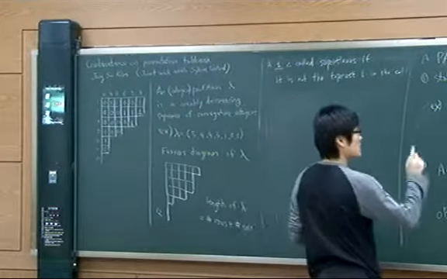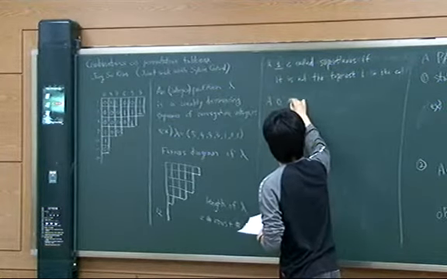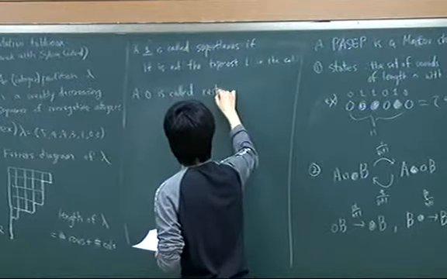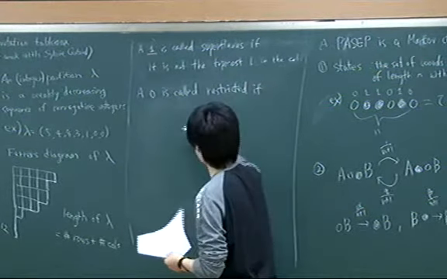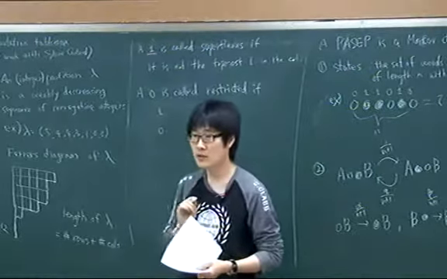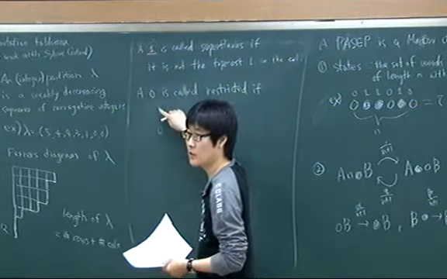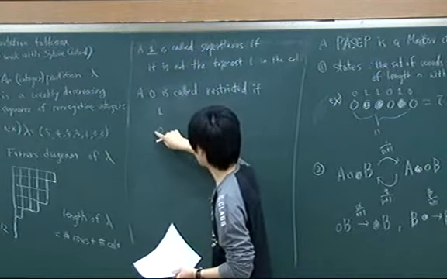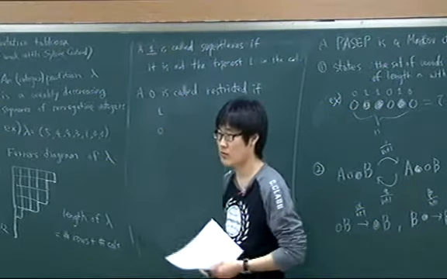And a 0 is called restricted if it has a 1 above it. So if it's restricted, it has a 1 above it, which forces us to fill all these cells with 0. This is why it's called restricted.